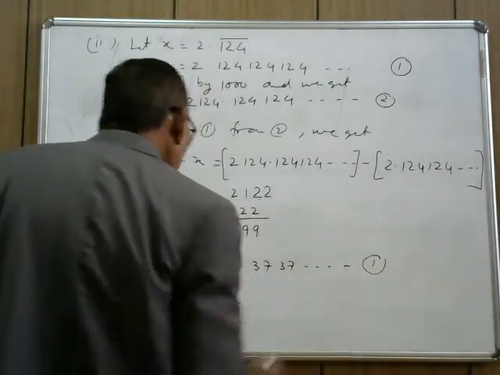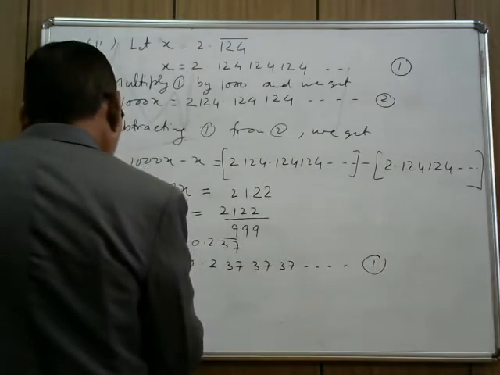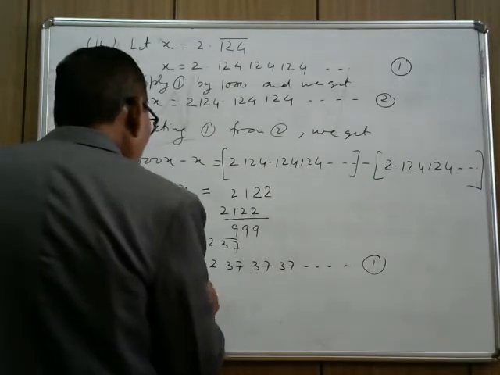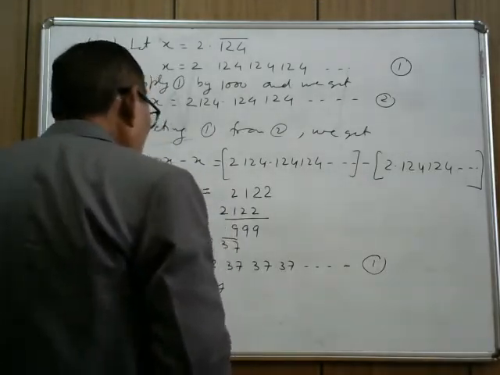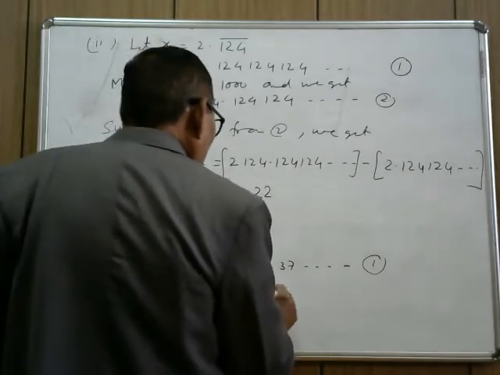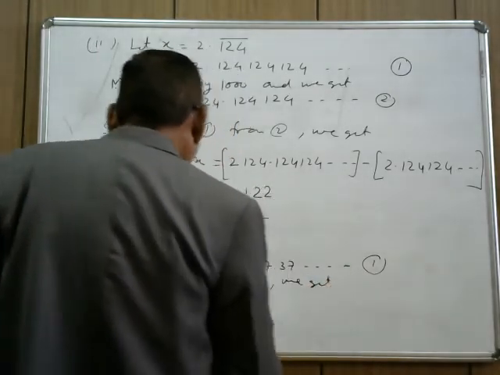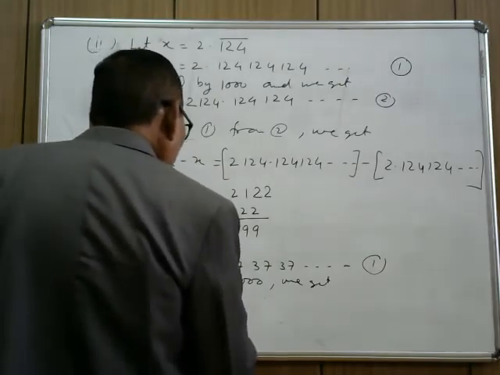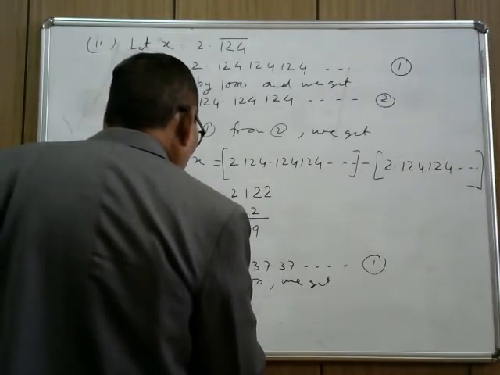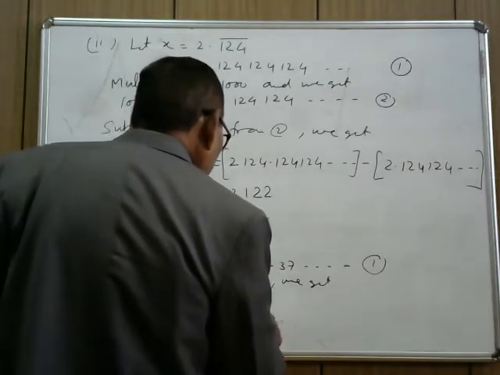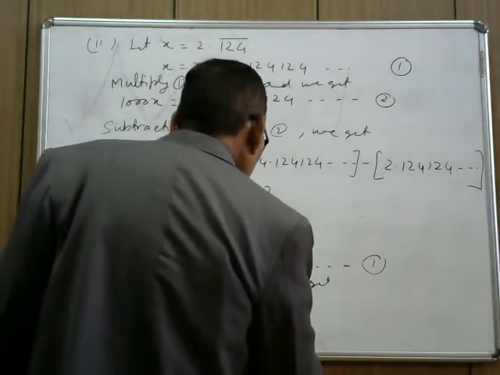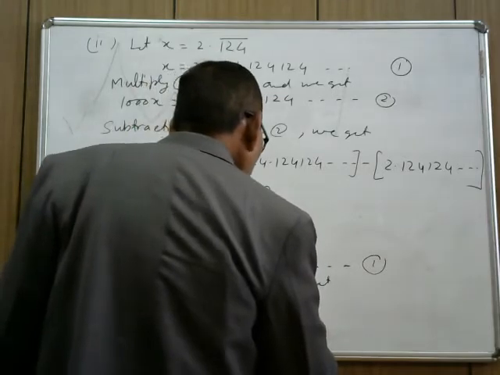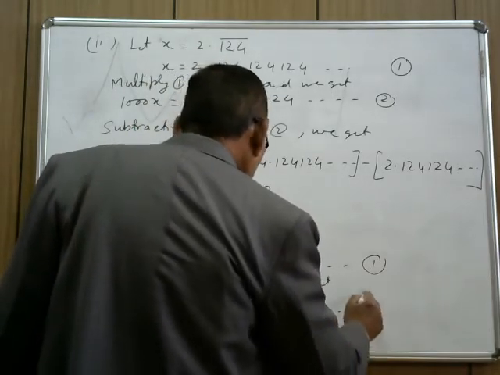This is 1. You multiply 1 by 1000. We get 1000x is equal to 237.37, 37, 37 and so on. This is 2.